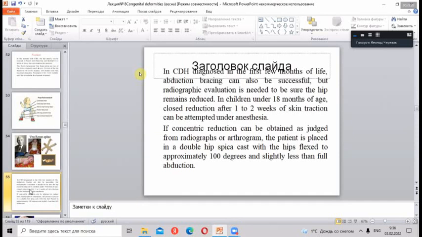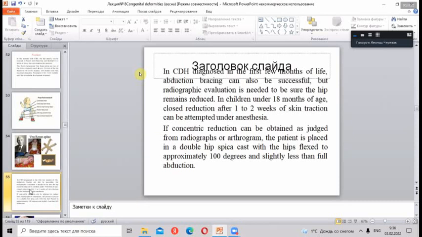In children under 18 months of age, closed reduction after 1 to 2 weeks of skin traction can be attempted under anesthesia.